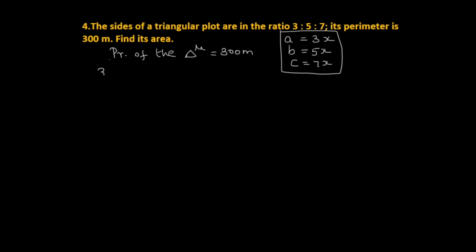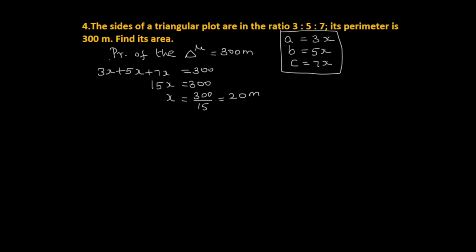So the three sides 3x plus 5x plus 7x is equal to 30. After finding x, we can find the sides' lengths. So 15x is equal to 300. So x is equal to 300 by 15, which is nothing but 20 meters.